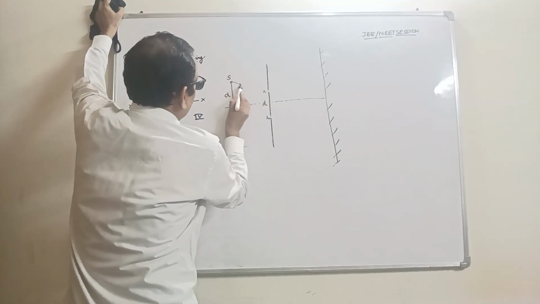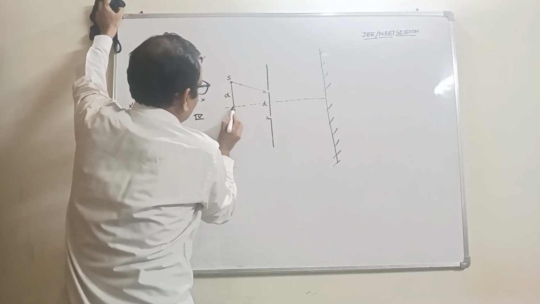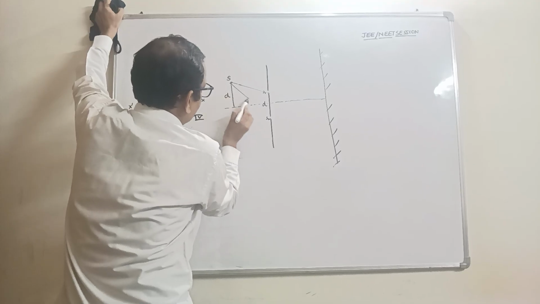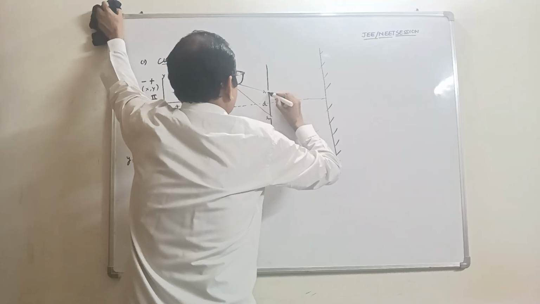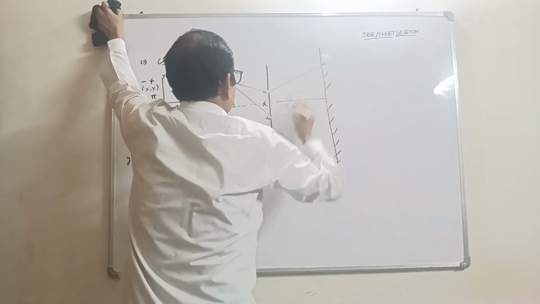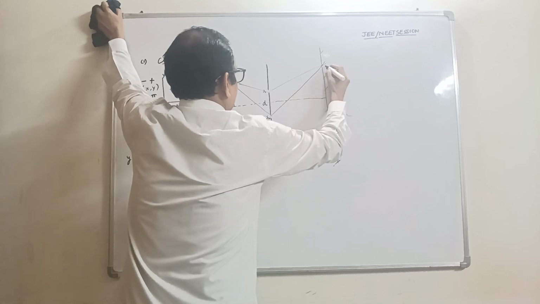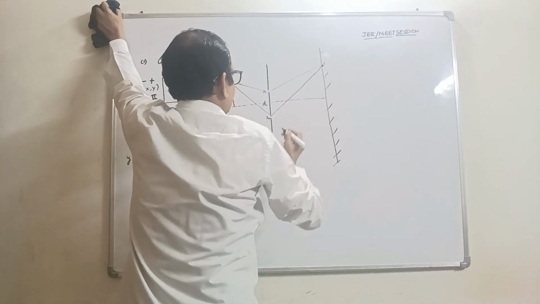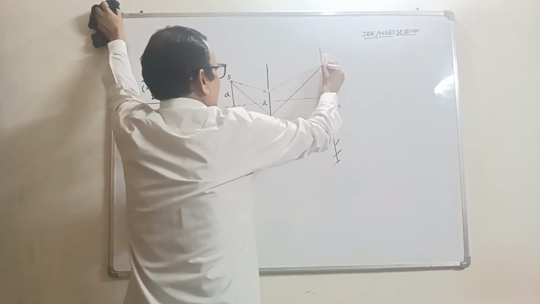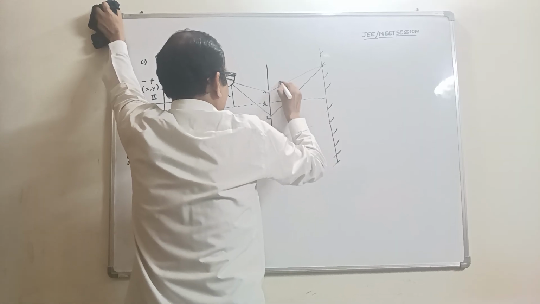So the monochromatic beam travels like this and this, and after that it meets here and the maxima is built. Maxima interference is here, bright interference. Here we placed a slit.